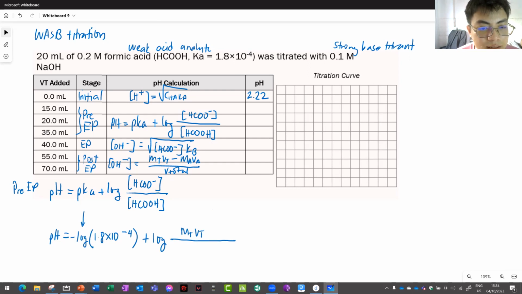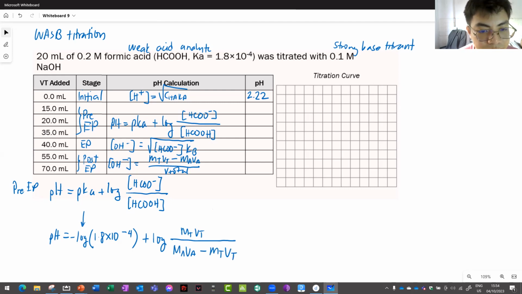Ngayon, ano nangyari dito sa acid mo? Nabawasan. So initially, mas marami acid, tapos nabawasan yan ng titrant. So the expression here should be MAVA minus MTBT.